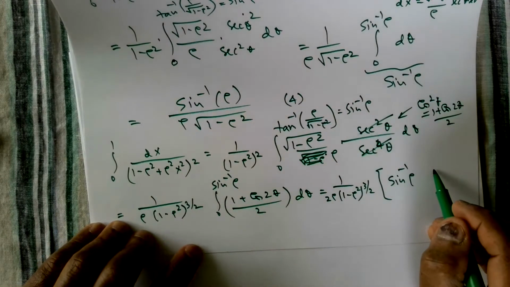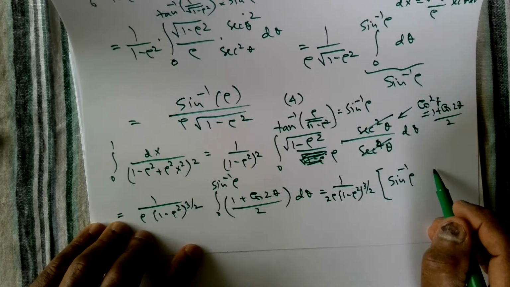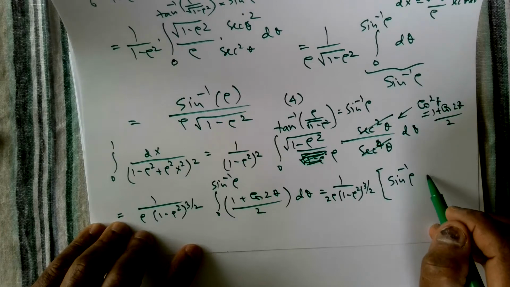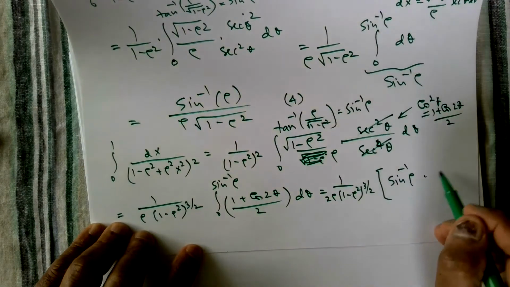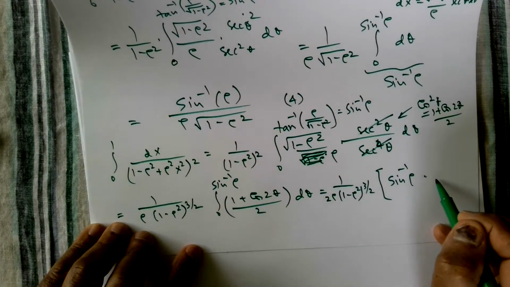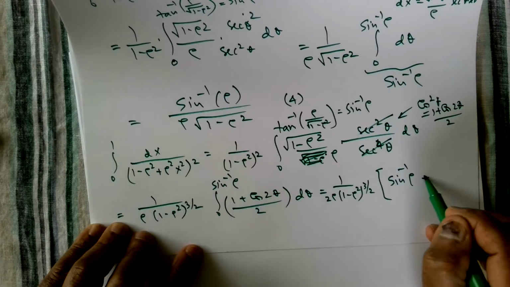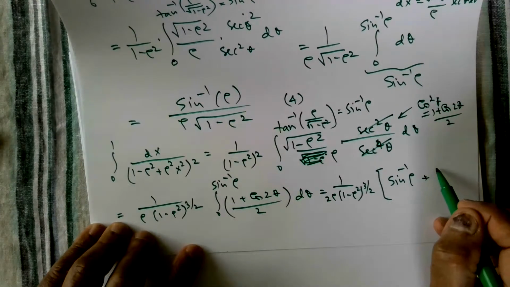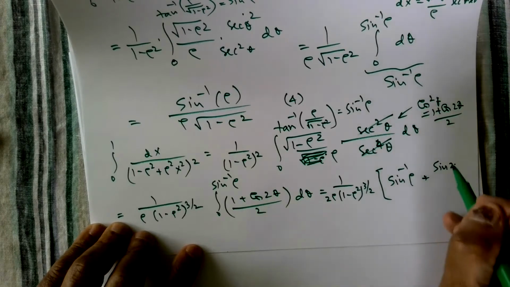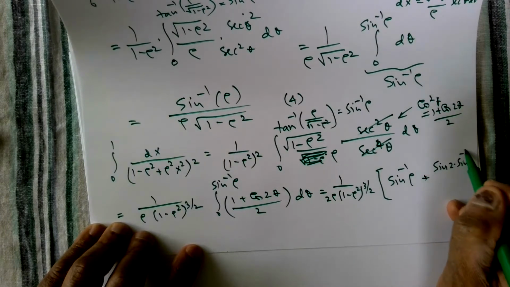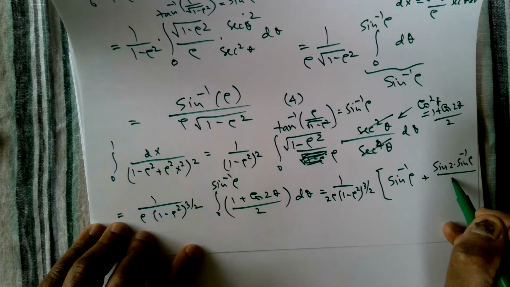And so that will turn out to be sine 2 theta divided by 2. So that's with a plus sine 2 multiplied by theta, which is sine inverse rho divided by 2.